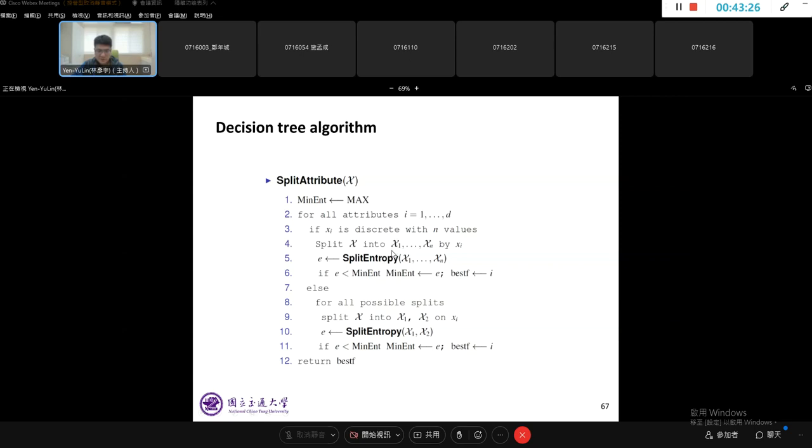Okay, so we can calculate the entropy after split. This line here is used to maintain a data structure or a variable. It is used to indicate the currently best split. This part is used for categorical attributes.